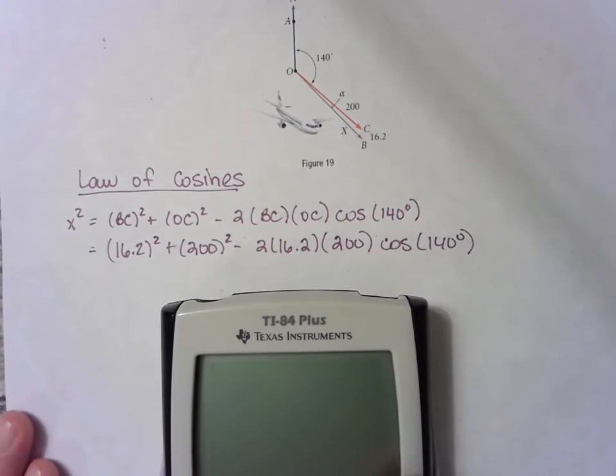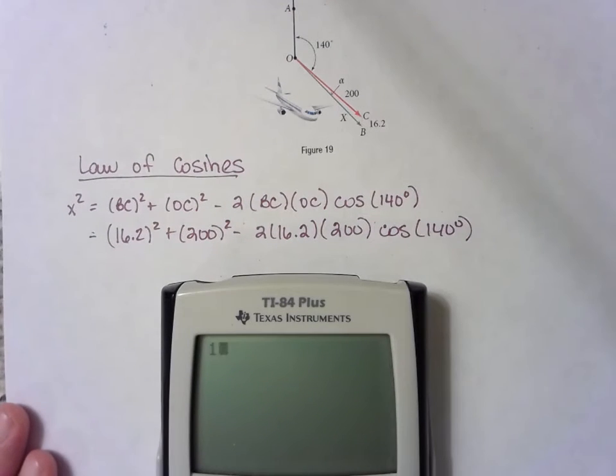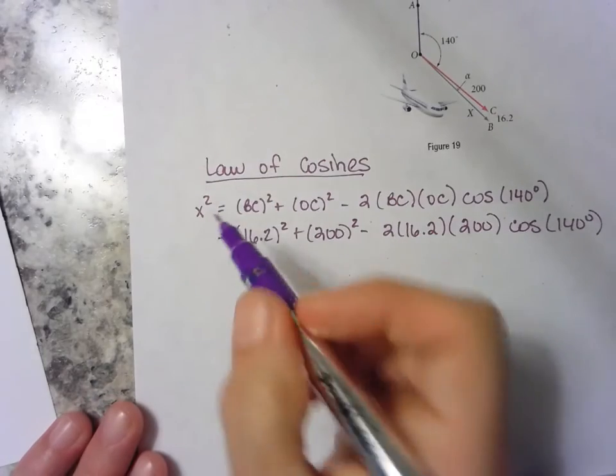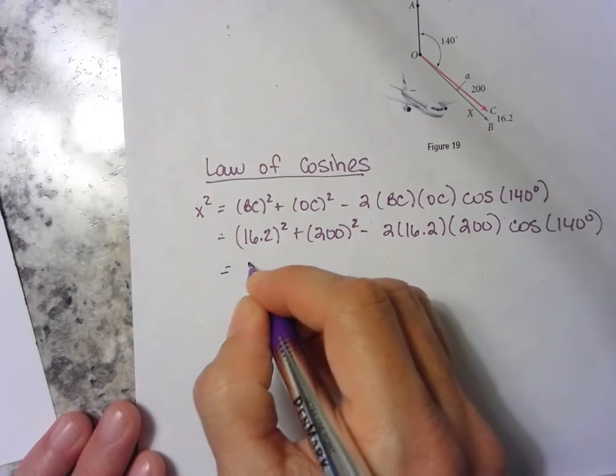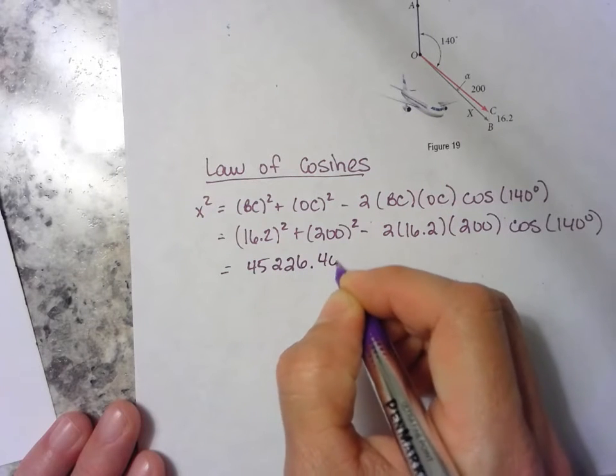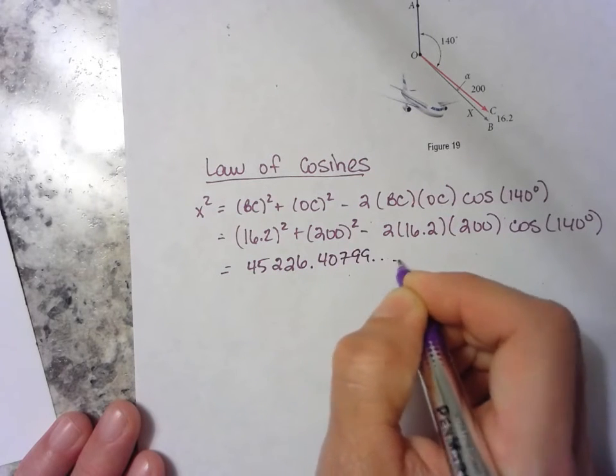Okay, now we can plug it in the calculator. 16.2 squared plus 200 squared minus 2 times 16.2 times 200 times cosine of 140. I think that's right. We get this crazy big number. So x squared is equal to 45,226.40799 something.